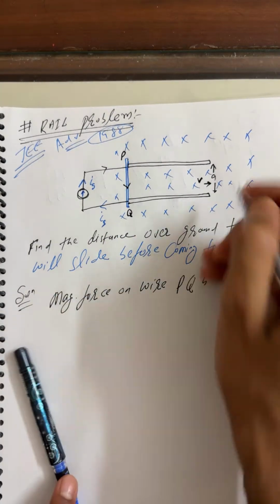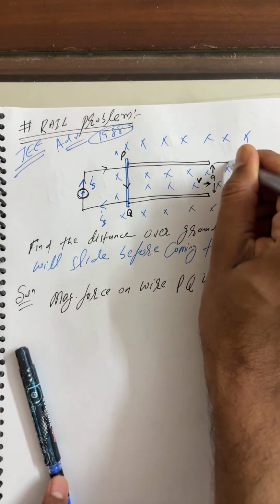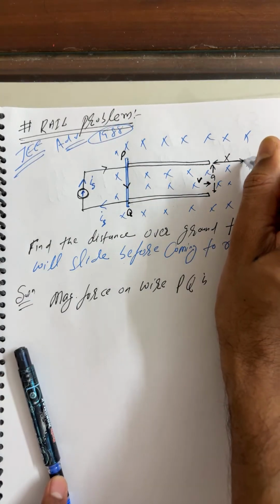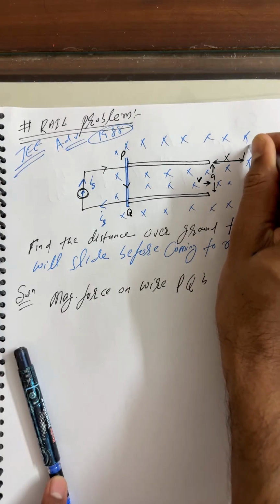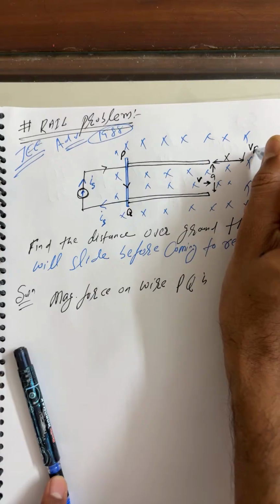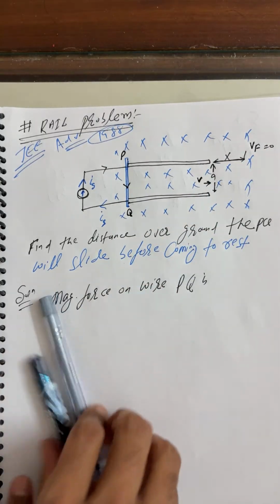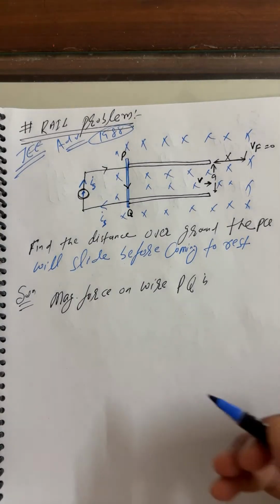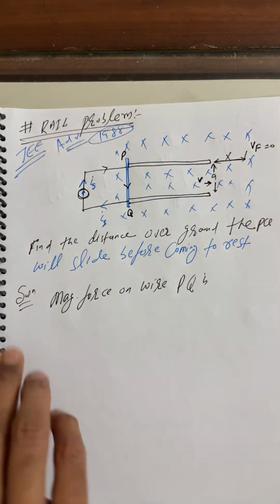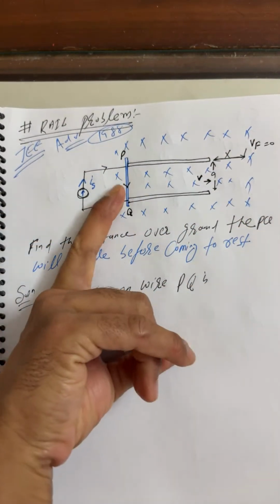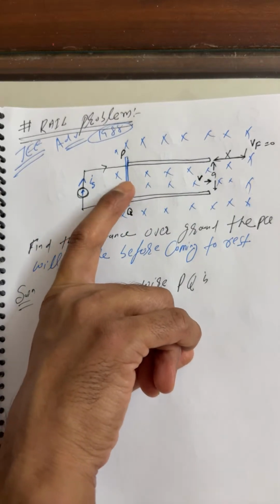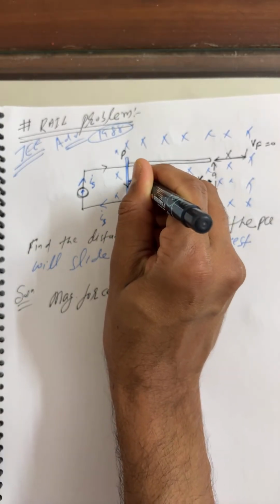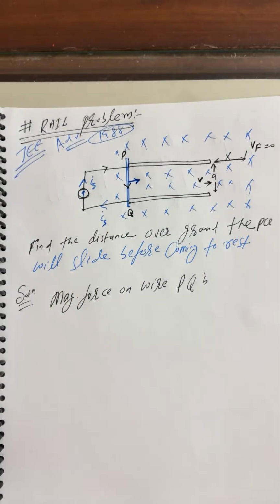This rod finally comes over here, and this much distance travelled, you can take as x distance, and the final velocity of the rod is 0. I already said the direction of the magnetic force on this rod PQ is towards the right.